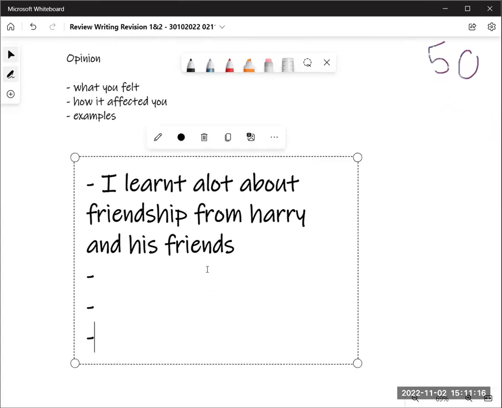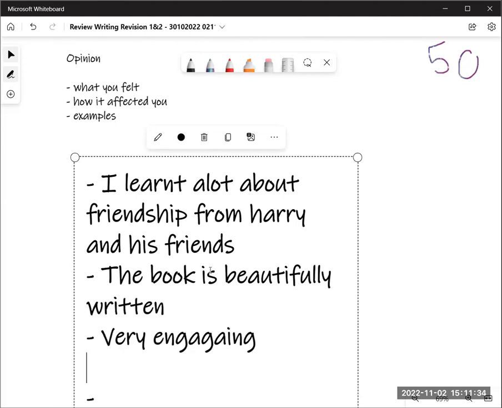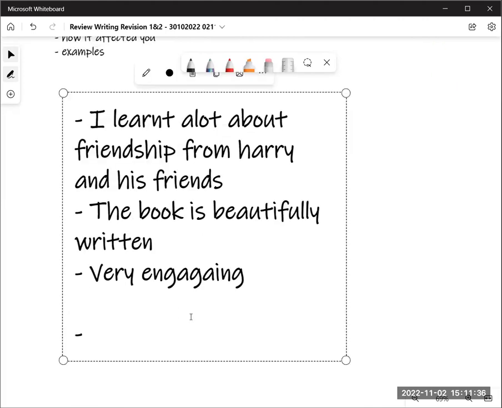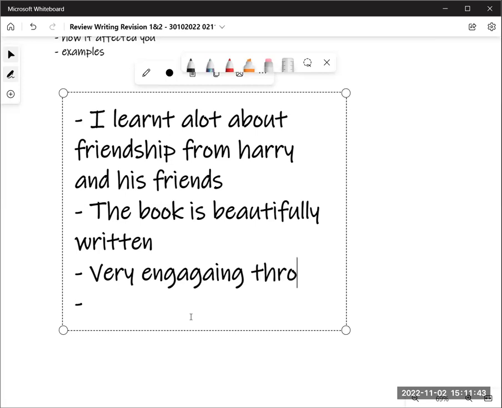That's one thing we can talk about. We can say what did you like, your opinion, the book, let's say, is amazing, or let's say beautifully written, very engaging. These are some things you can write. It is, let's say, very engaging throughout the story.